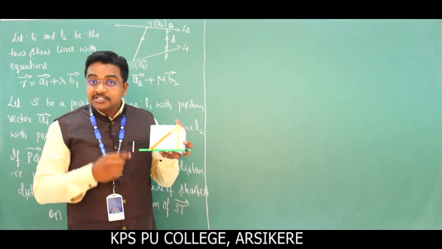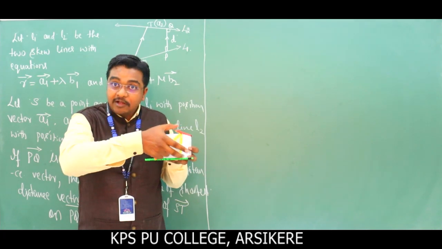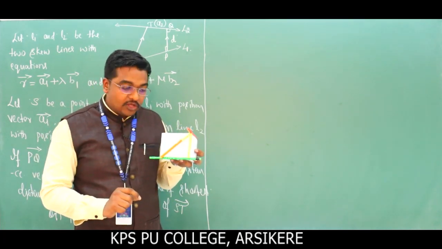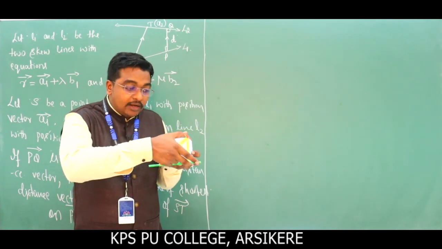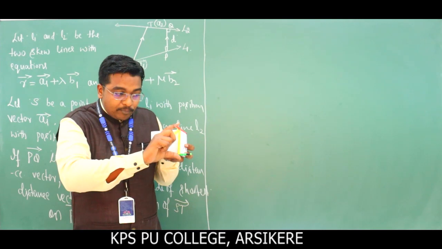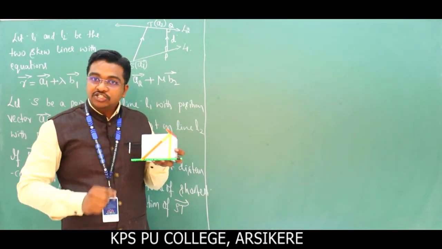So how to find the distance here? The projection of ST on vector PQ represents the magnitude of the shortest distance vector. This is the point P, this is the point Q, which is perpendicular to both L1 and L2. Just observe here.